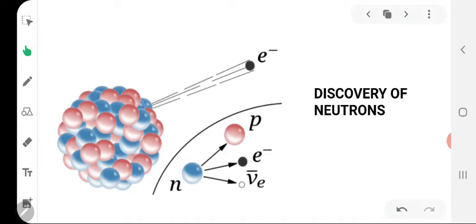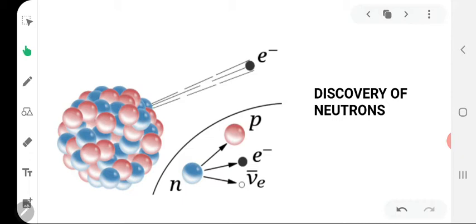Since electrons have negligible mass, the entire mass of the atom was regarded as the mass of protons present in the nucleus. Each proton has a mass of 1.67 × 10^-27 kg, which is regarded as 1 unit, 1 u. In 1920, Rutherford found that except for hydrogen, the atomic masses of no other elements could be explained by electrons and protons only.